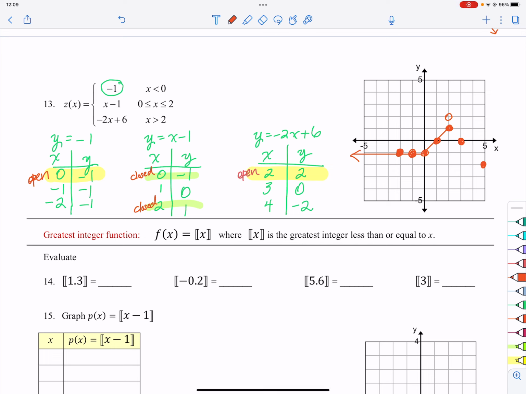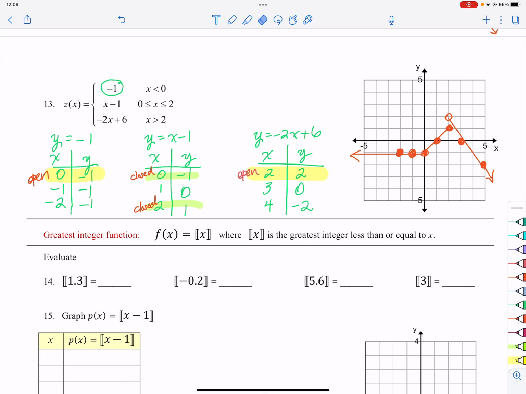And I think I put those in the right spot. 2, 2, 3, 0. Yep, I think it's just the way I drew that. And I didn't draw that very good. And it looks like that. Okay.